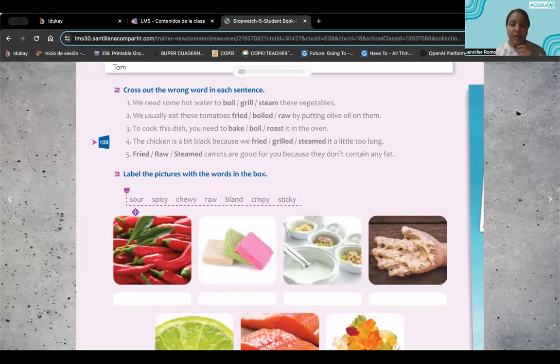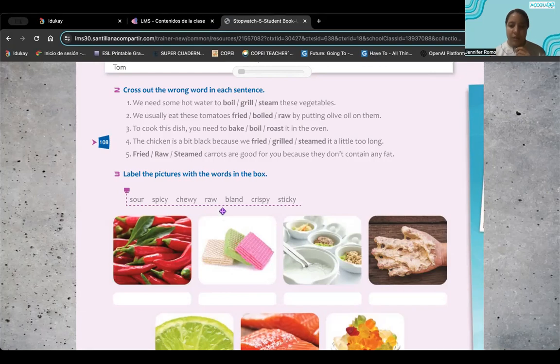Sour is like acid vinegar taste, como un sabor ácido, como vinagretado. Es como agrio. Spicy can be picante o también cuando tiene mucho sabor a especias, ¿no? Chewy, when you have to eat very much, como que es algo complicado, cauchosito para masticar, ¿no?